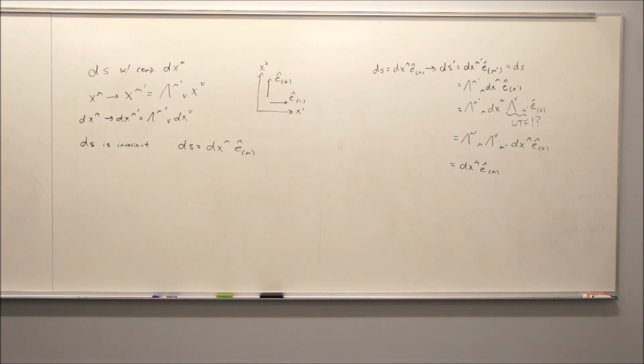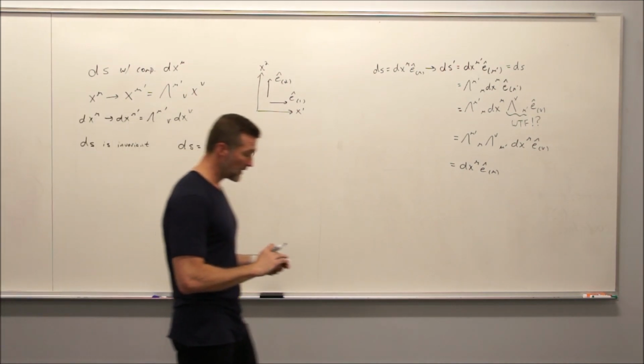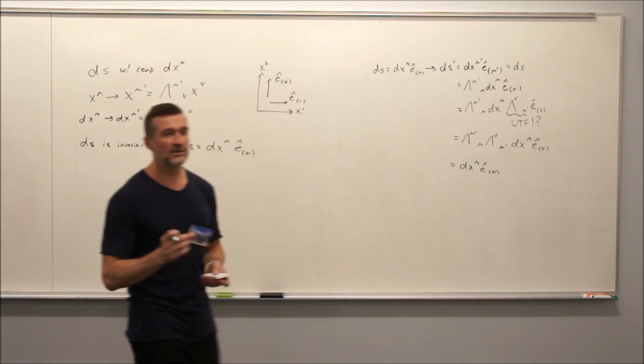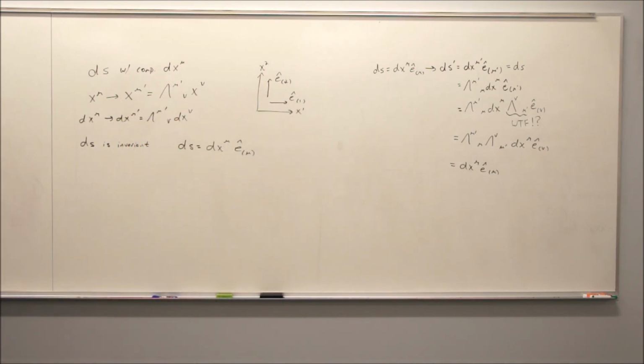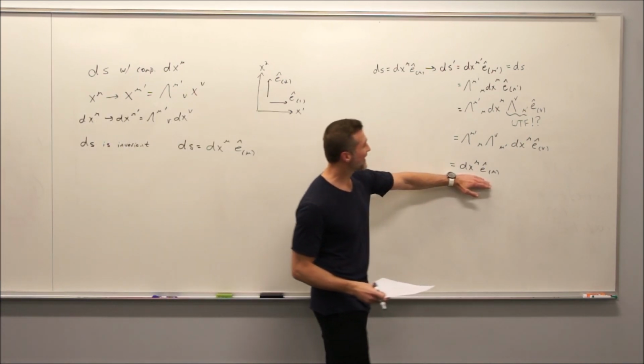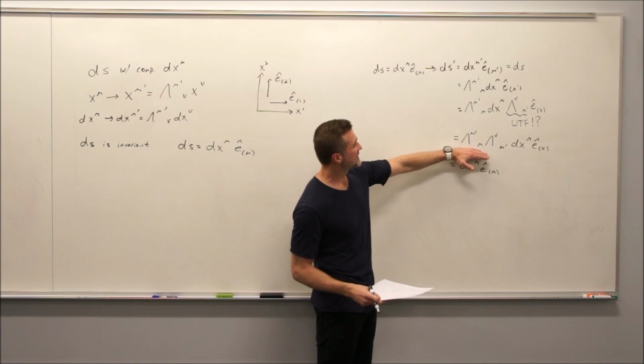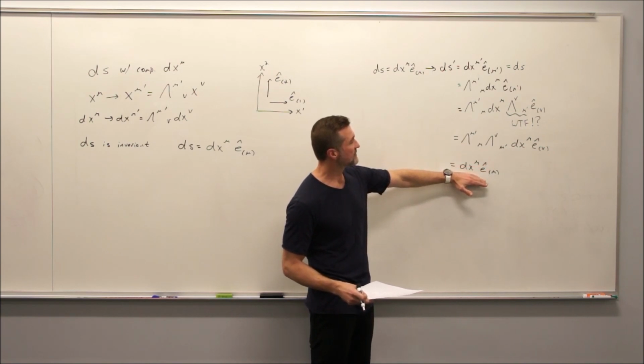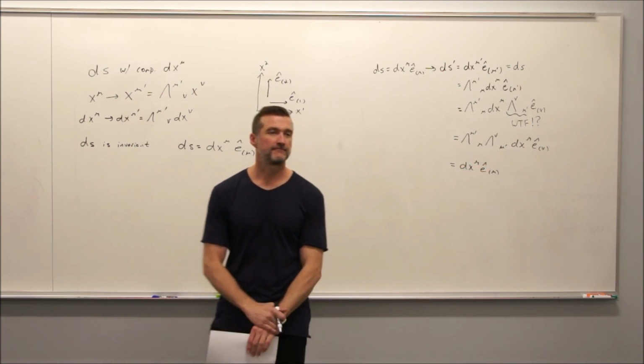I'll draw a card to get someone who will walk me through the rest of the argument. It just turns out that Sarah Jones is on top, and that's fine. I did shuffle them. So Sarah, I would like for this expression to become this expression. What must then be true?